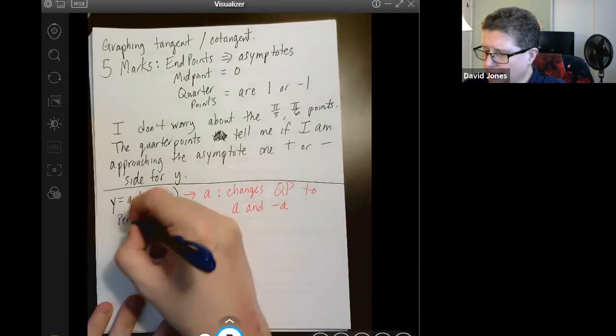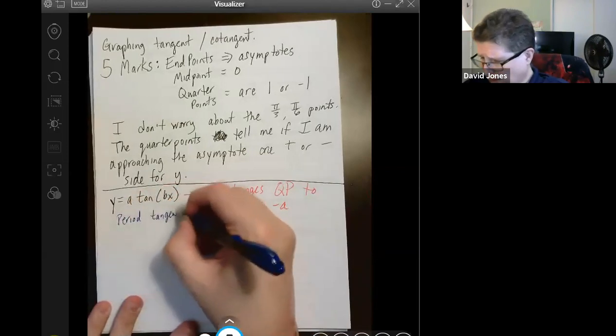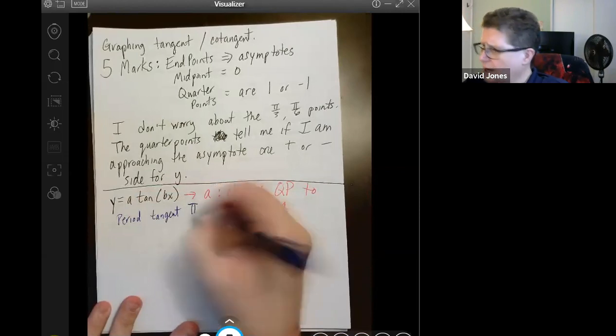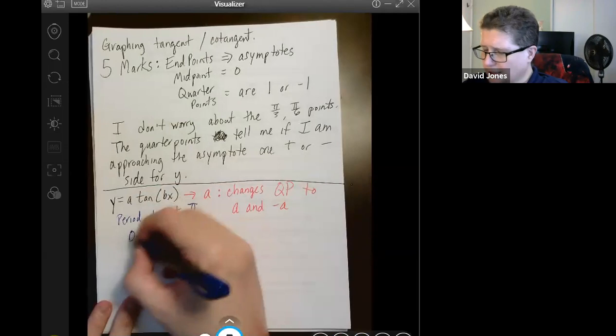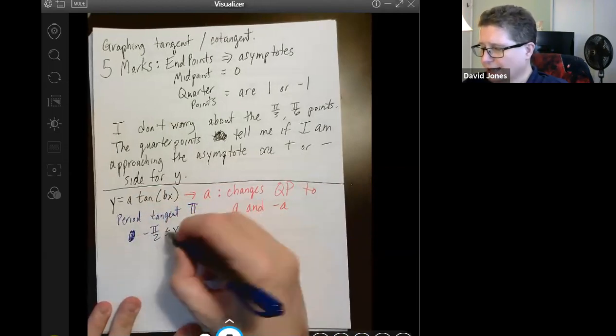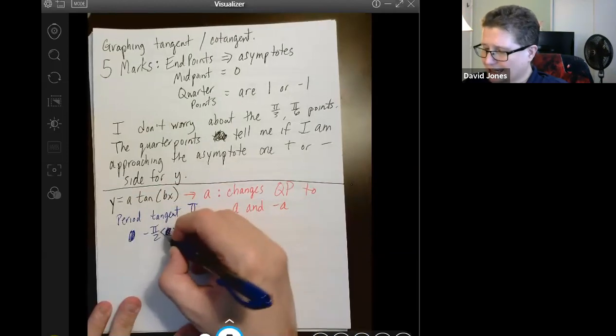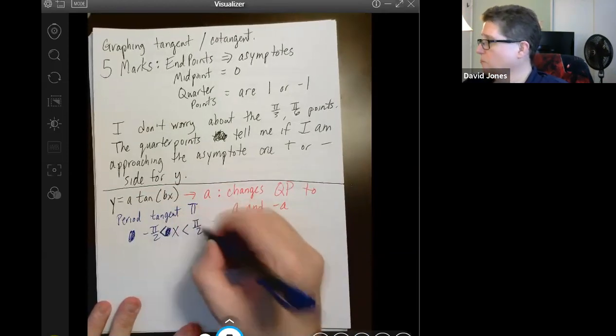Recall the period for tangent is pi. And we initially had negative pi over 2 is less than x, less than pi over 2. We can't have the equal portion because it's an asymptote.